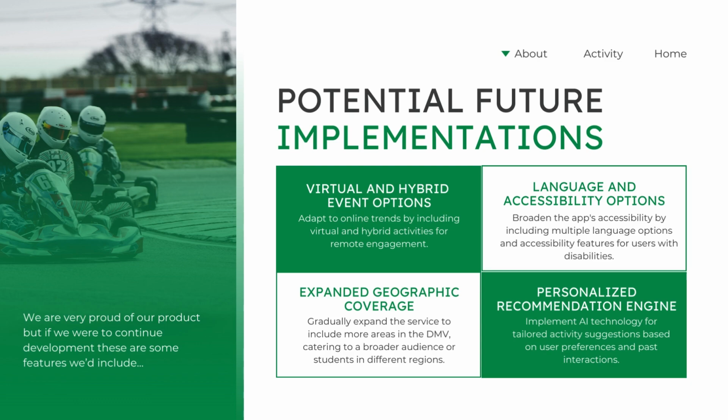This would also bring in users from other universities like Georgetown or GW, and help them navigate their cities as well. And finally, we have a personalized recommendation engine. As with most products these days, there is a lot of AI involved. And while we do have some AI in our product, we want to take it a little further and tailor activity suggestions based on past user preferences.